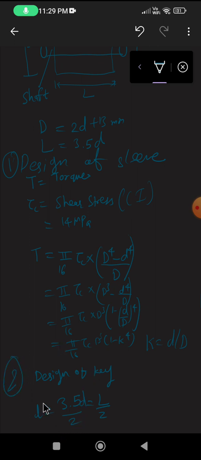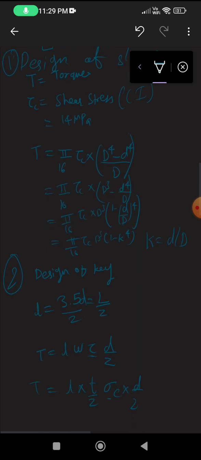The length of the coupling key is at least equal to the length of the sleeve, that is 3.5 d. The coupling key is usually divided in two parts, so we'll divide by 2, so that this is the length of the key in each shaft.